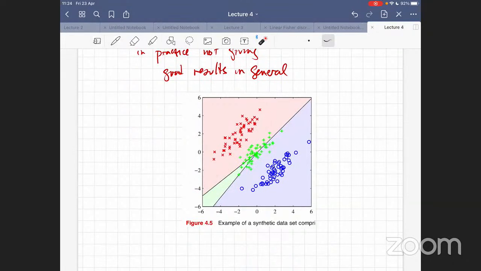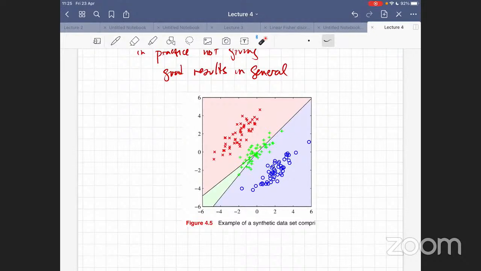However, by following the above strategy, you obtain these decision boundaries here, and you see that the region that assigns a prediction to the green class is smaller than what it should be. The green class is underrepresented in the prediction.